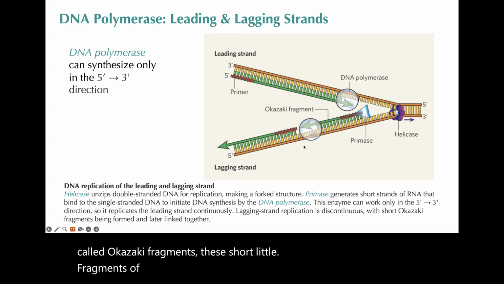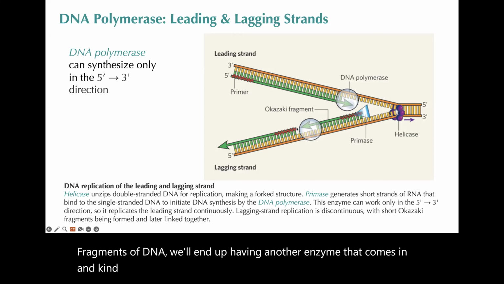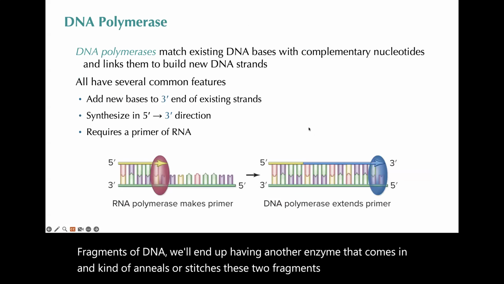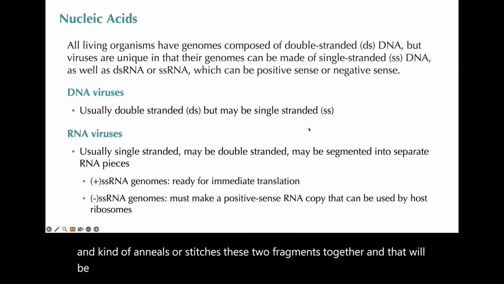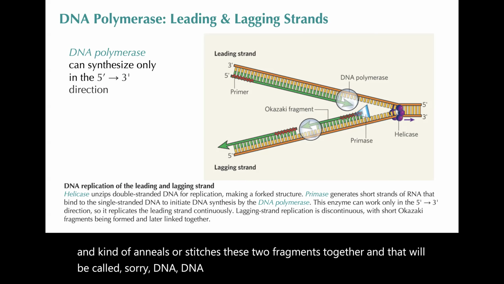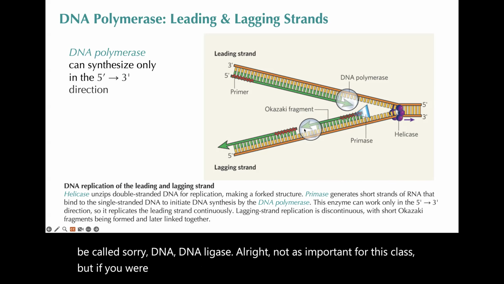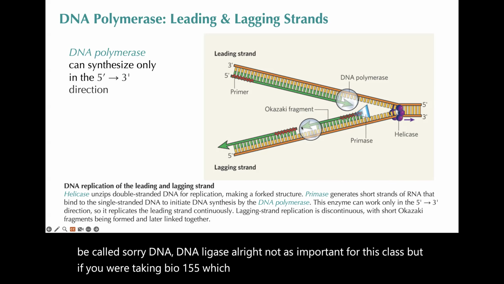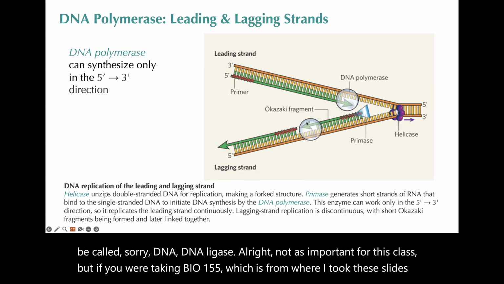We'll end up having another enzyme that comes in and anneals or stitches these fragments together, and that will be called DNA ligase, all right? Not as important for this class, but if you were taking Bio 155, which is where I took these slides from, you would remember that.